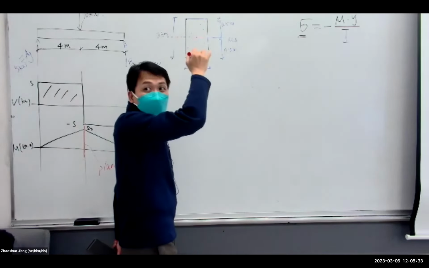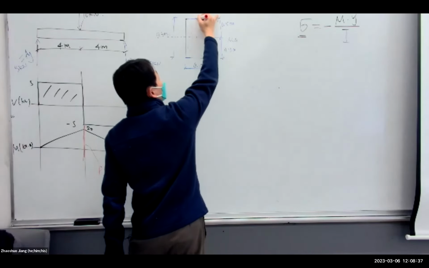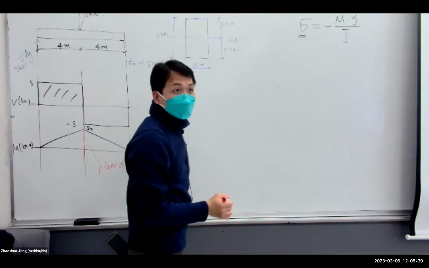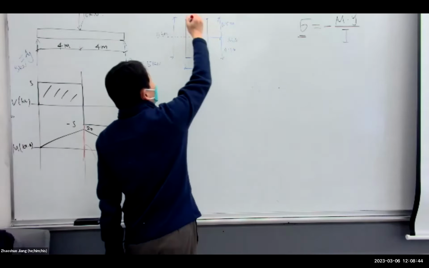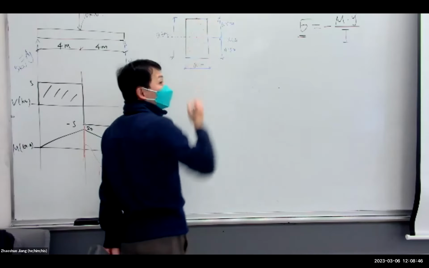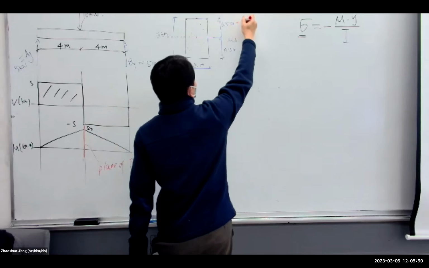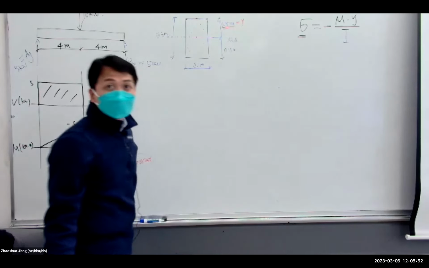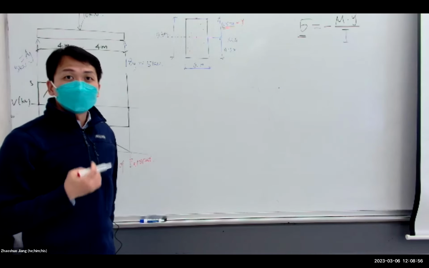This point? Everyone agree? How about this point? How about this point? So any point along this line has the maximum y, which is equal to 0.15, right? Is that all though?